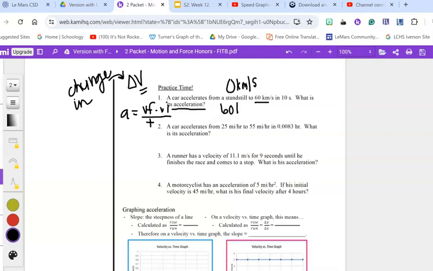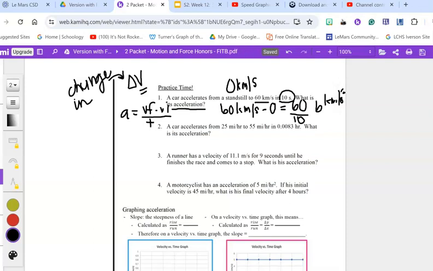So 60 kilometers per second minus 0 kilometers per second is 60. And then I'm going to divide that by time, which is 10 seconds. 60 divided by 10 is 6. And then it has to have a unit, which is going to be kilometers per second squared.